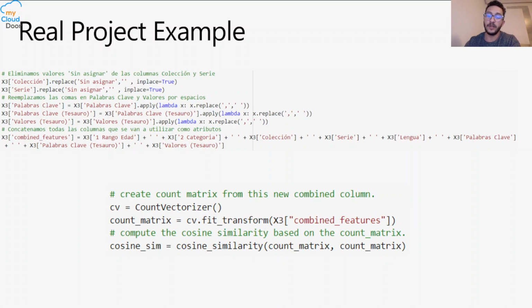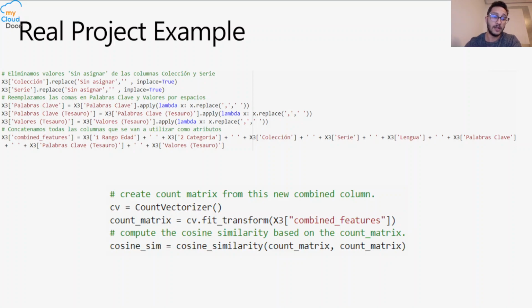And then we create our metadata soup, basically the bag of words we talked about, which is a string containing all the metadata we want to send to our vectorizer. The vectorizer will be either a TF-IDF model or a count vectorizer.